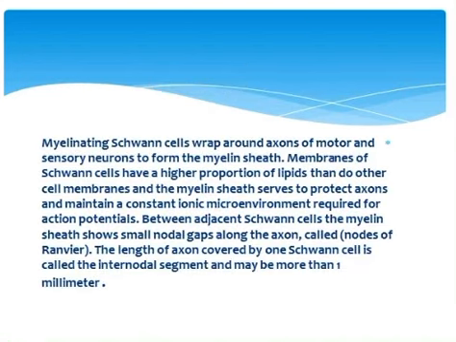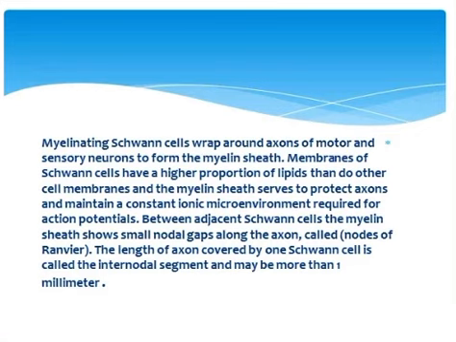Myelinating Schwann cells wrap around the axons of motor and sensory neurons to form a myelin sheath. Membranes of Schwann cells have a higher proportion of lipids than other cell membranes, and the myelin sheaths serve to protect the axon and maintain a constant ionic microenvironment required for the action potential.